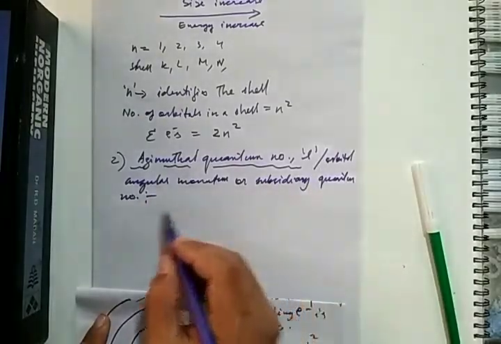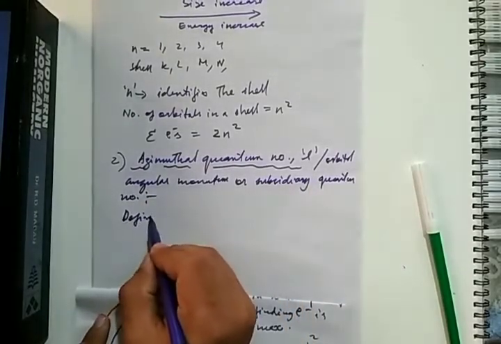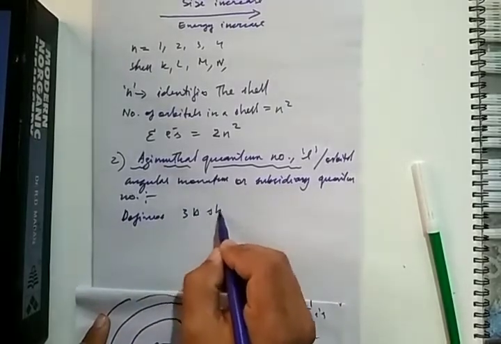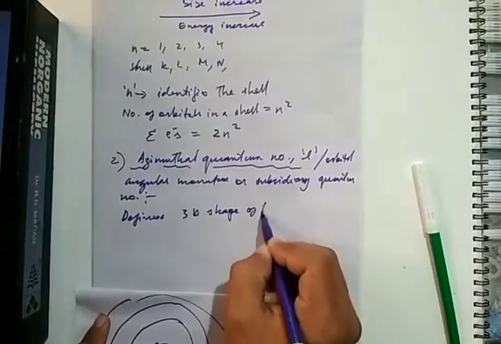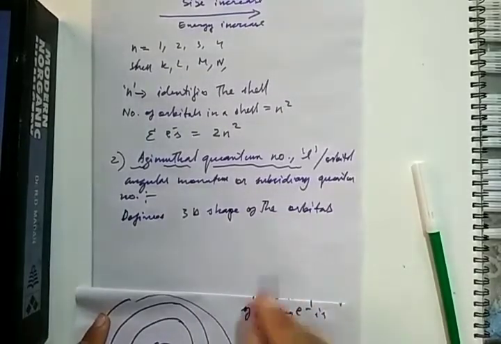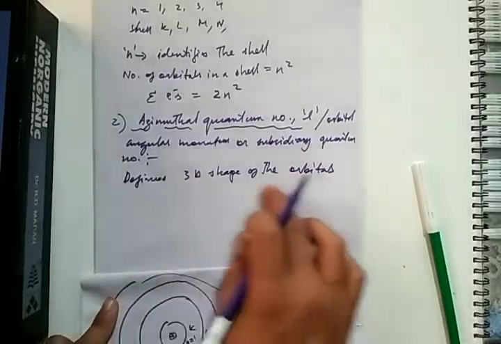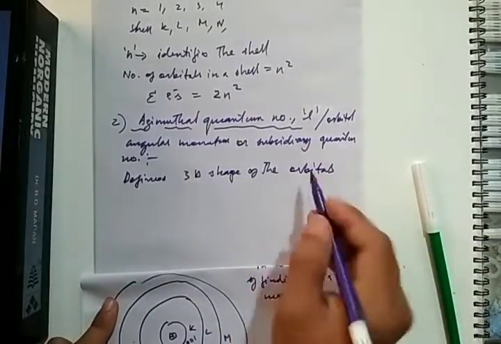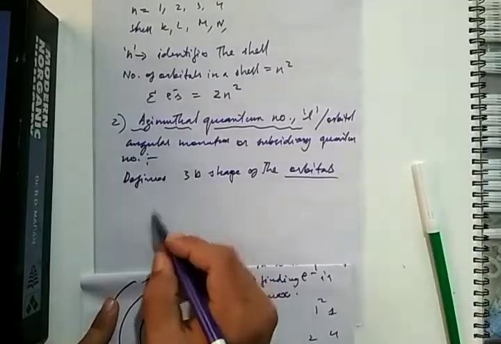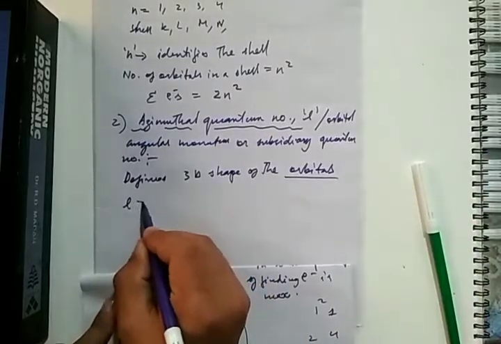This azimuthal quantum number defines the 3D shape, the three-dimensional shape, of the orbitals. In these orbitals electrons are present.